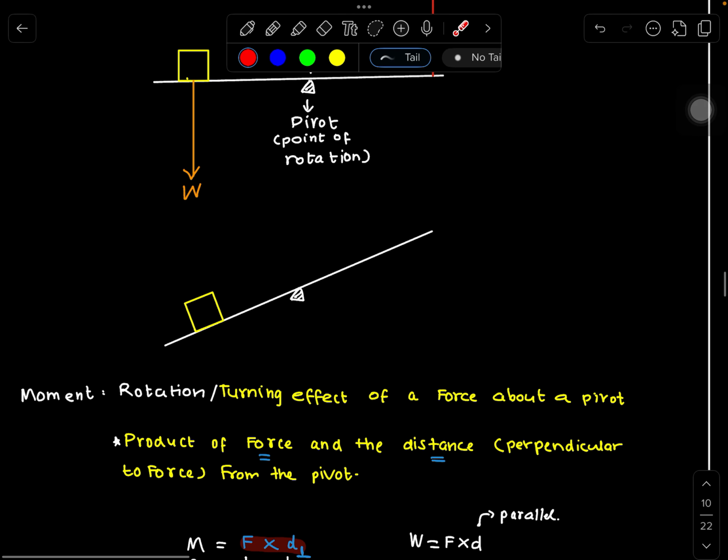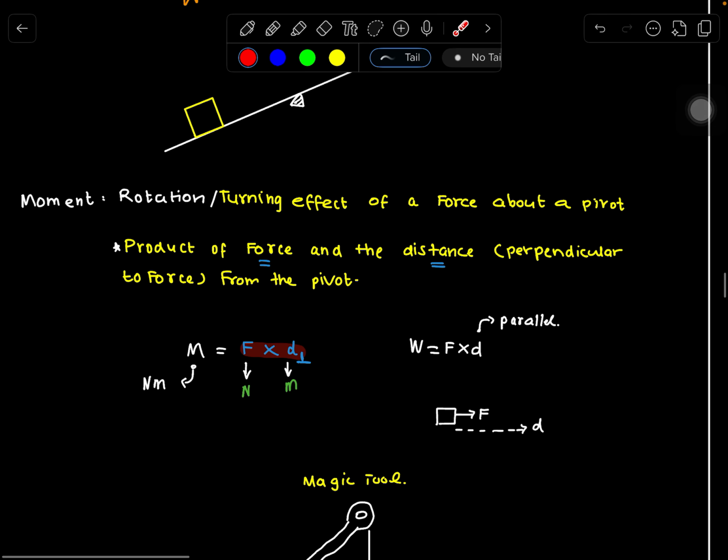Now, let's see what's moment. Moment is just the rotation or turning effect of a force about a pivot, and it's the product. If you want to look at the formula, this is the formula. It's the product of the force and the distance from the pivot, and the distance has to be perpendicular to the force, okay?